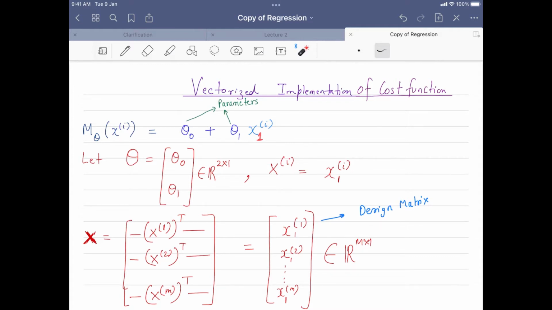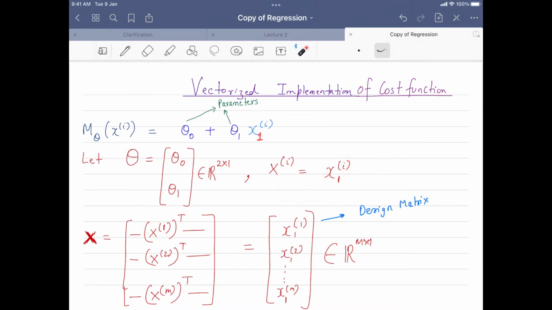Let us say theta is a 2 cross 1 one-dimensional vector, so I am writing it like this. As you know, we will also define a vector x of i, but right now it has only a single element, because we have only a single feature. This single element is in this vector xi.